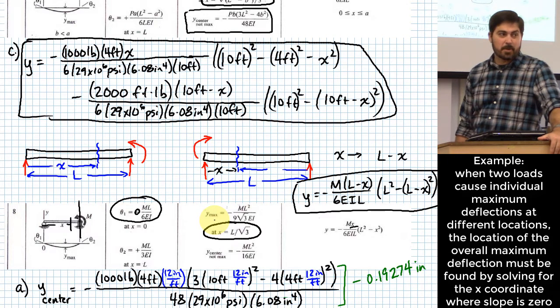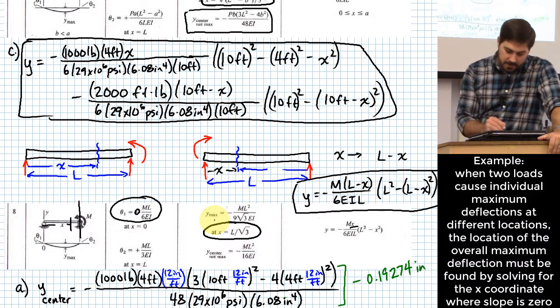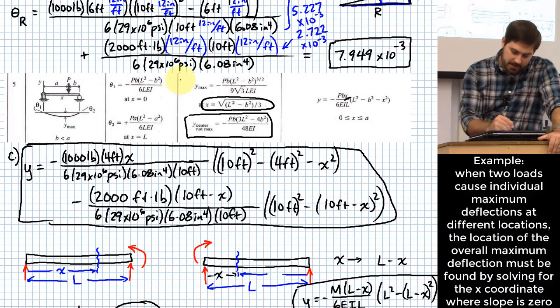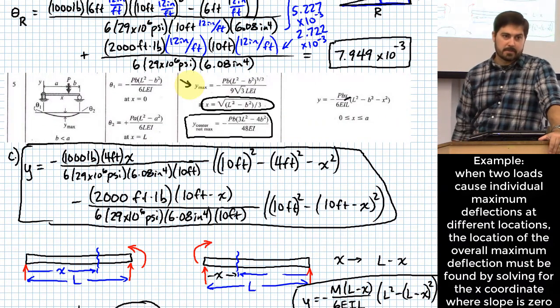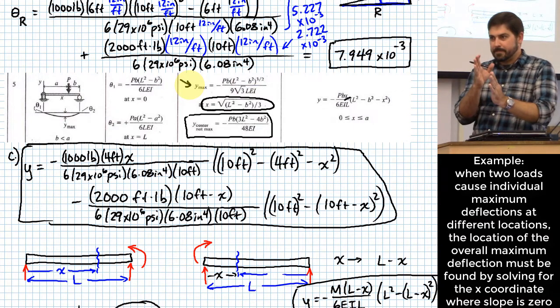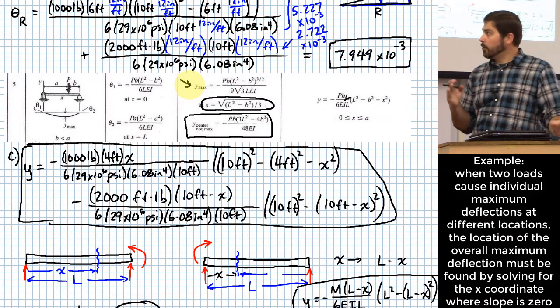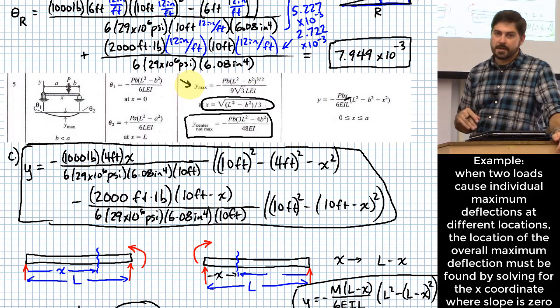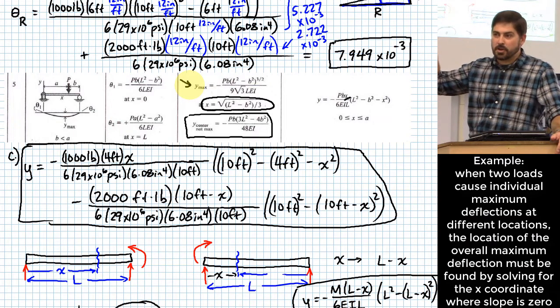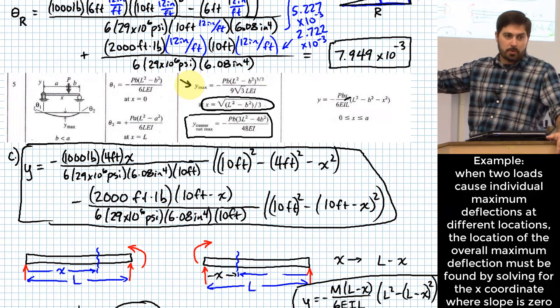They're not at the same location. So that means I can't take this function right here and add it to this function right here, because they are not at the same location on the beam. As a matter of fact, the location where the maximum occurs is likely neither of those positions. It's not something you can just glance at and know.